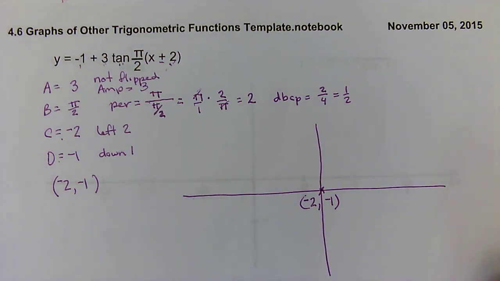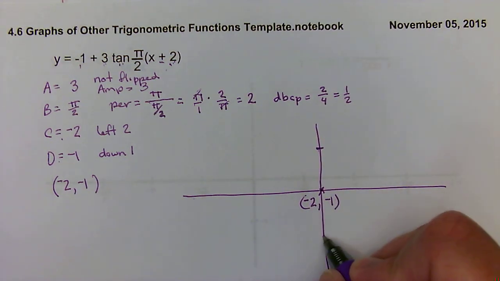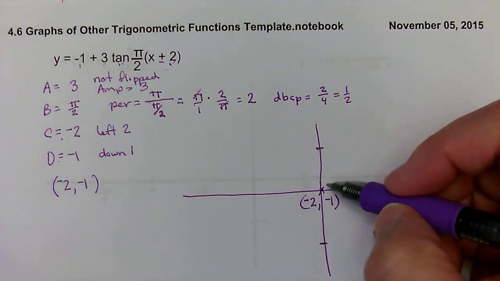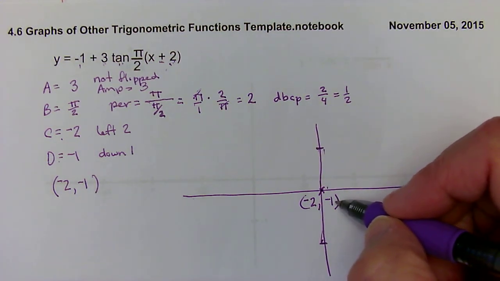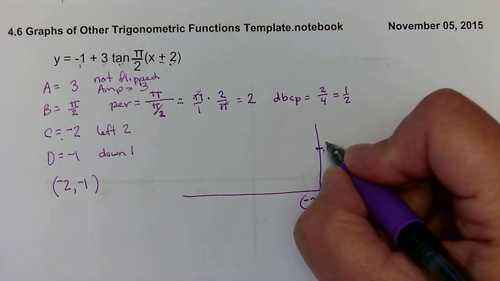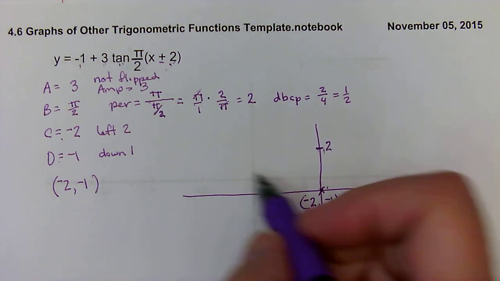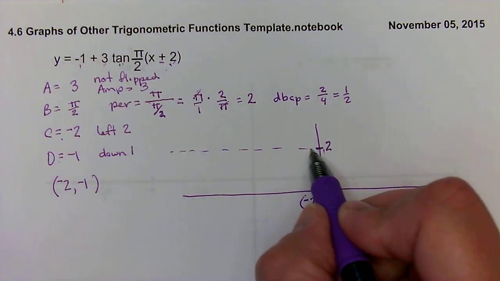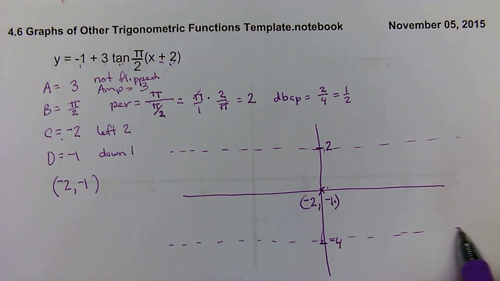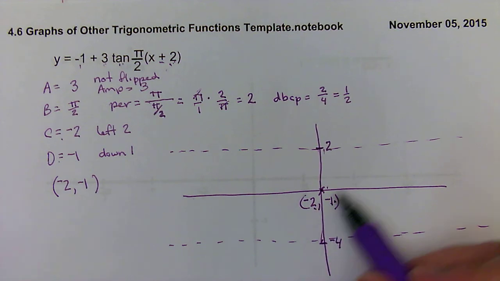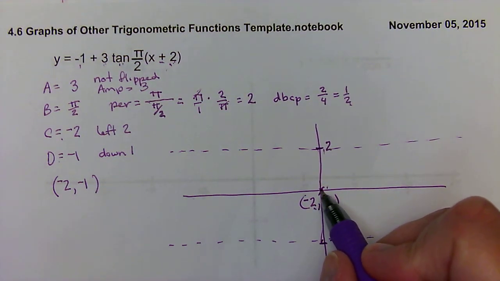Now, like I did for sine and cosine, I'm going to make a mark equally distant above and below, and the distance between this point and those 2 points is A. So if I add 3 to -1, this would be +2, and if I subtract 3 from -1, this would be -4. And those are going to be my high and low guidelines. Now, the distance between my critical points is 1/2, and I'm starting at -2.